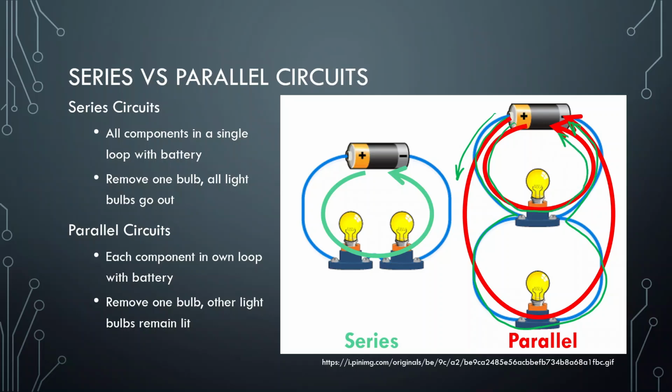You also have a loop that involves just these components, but we don't normally analyze those loops because they don't contain the battery, and it gets a little wonky. Because there are multiple paths, if you remove one of the bulbs, the other bulb is going to remain lit because there is still a path directly from the battery through that component without having to worry about the one that was removed.